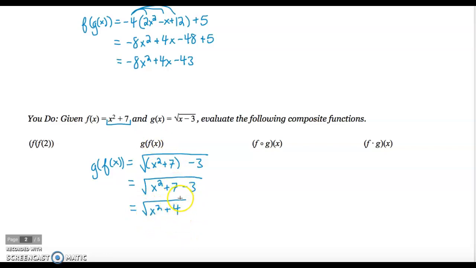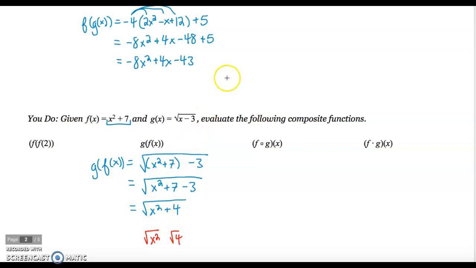One other thing that I see a lot is that many people will try to take the square root of these things separately. You cannot do that when you have addition or subtraction in your expression. That would only work if there's multiplication or division. Addition and subtraction make your life hard. They make things difficult.